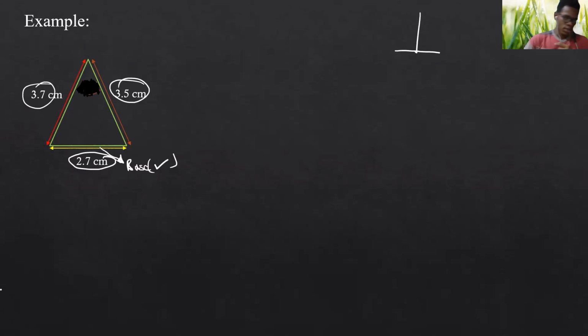So I don't have that on the slide, but always remember that the base, or whichever one you want to look at it, the base will always be perpendicular to the height.